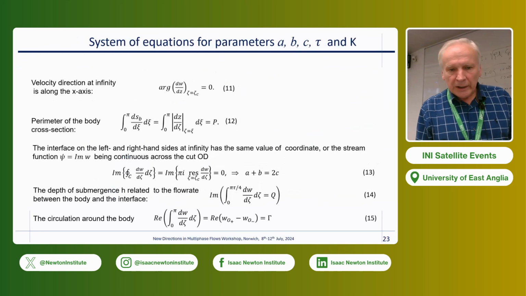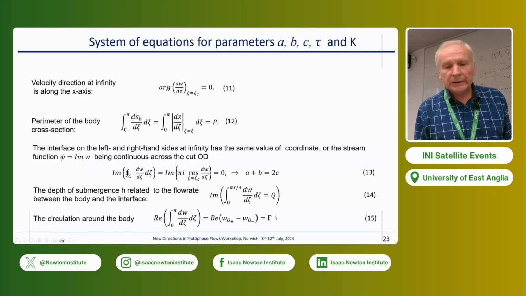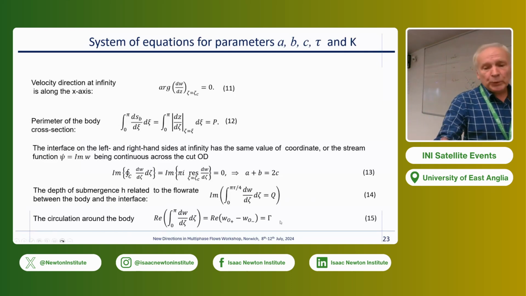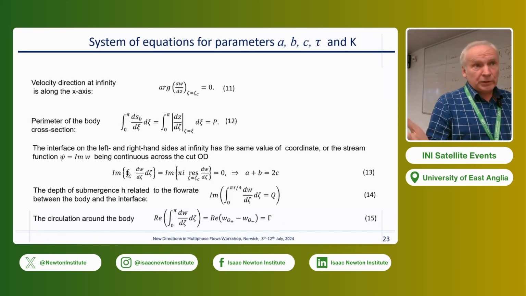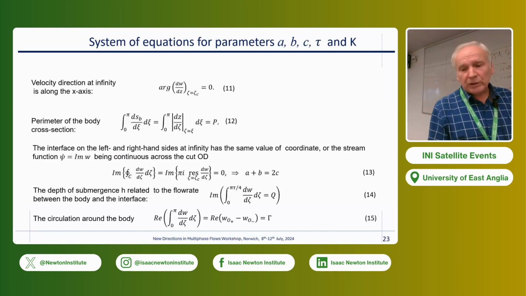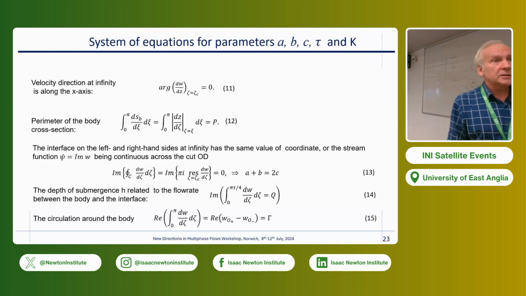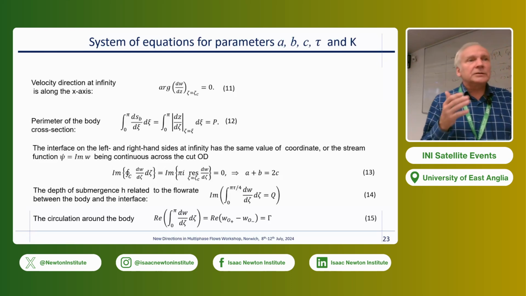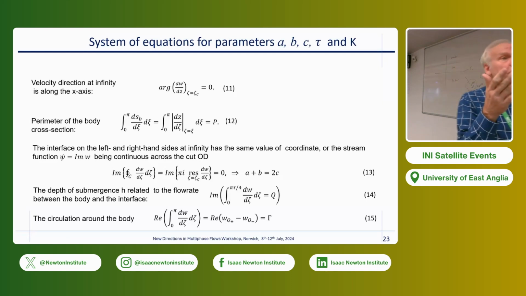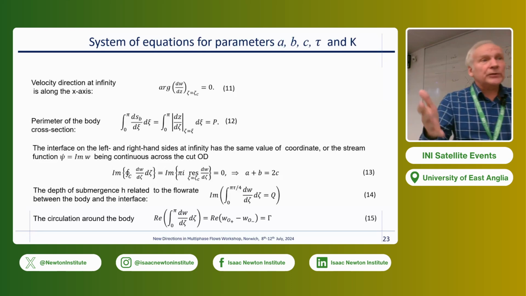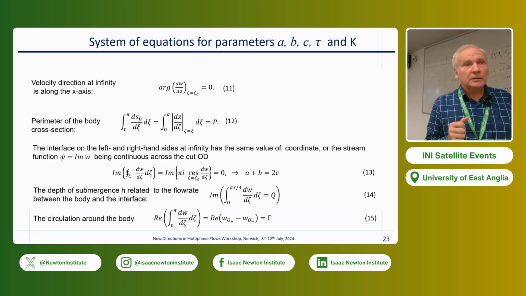Now here is the system of equations, and the last equation includes circulation around the body, and we can put this as a free parameter of the solution, and we can put circulation as we wish and obtain corresponding results. So it can be assigned. Yes, the results were published in JFM actually for different kinds of circulation. Okay.